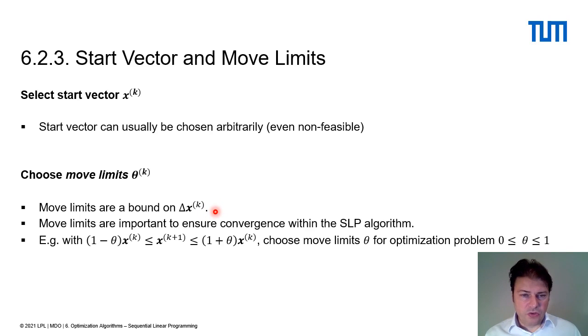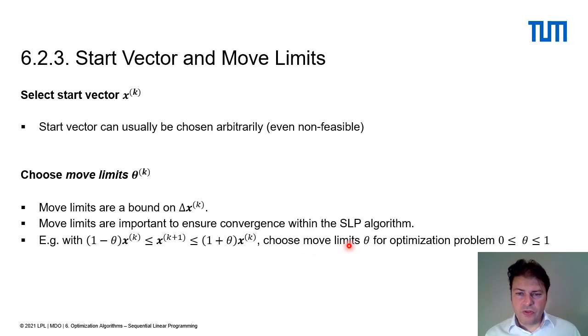And one way to choose move limits, there are different ways, is that you essentially bound your next design candidate by these two limits. So it would be a factor 1 minus theta times your current design, and the other bound would be 1 plus theta times your current design.